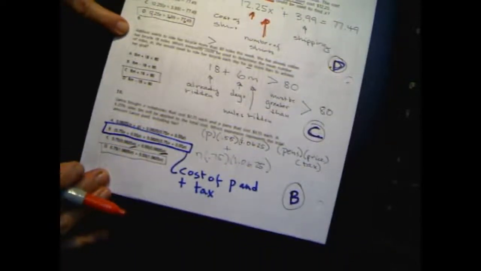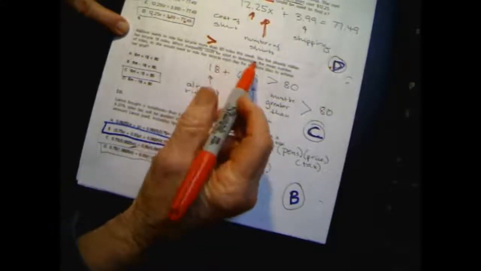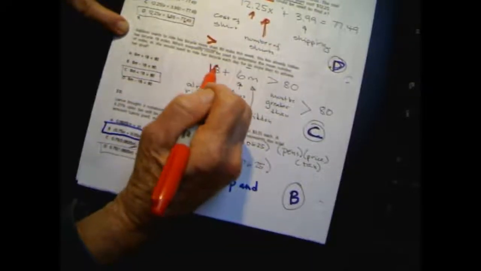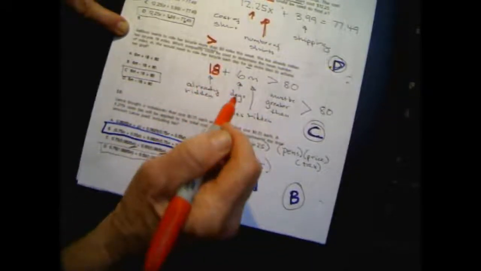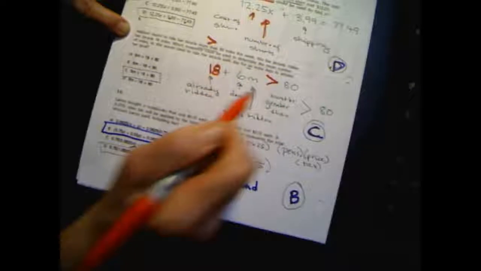Addison wants to ride her bicycle more than 80 miles. So I'm immediately thinking I've got some kind of inequality here, but it's going to be more than 80 miles. She has already ridden 18. So this is what she starts with, and she has to figure out how many more she has to ride every day in order to be greater than, and it doesn't say equal to, just greater than 80.